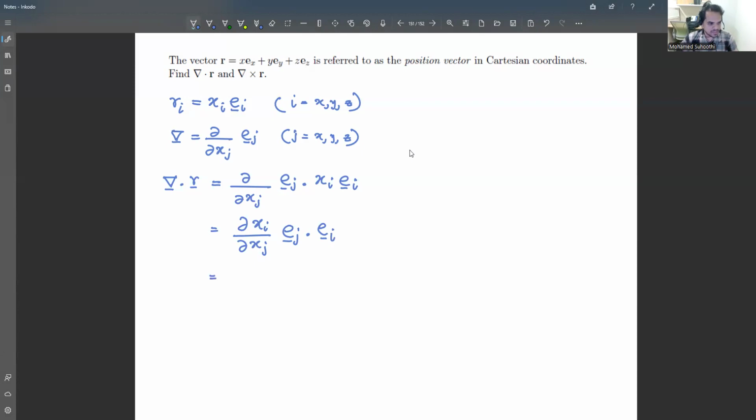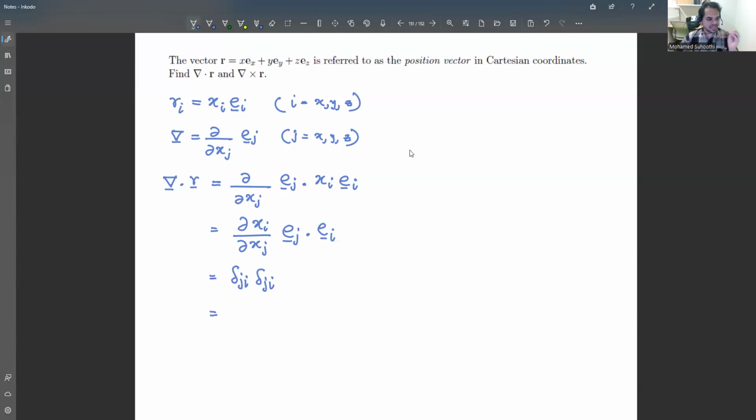Now this one we already discussed. This will be delta ji. I told you I always write the below one first, then the top one. You can write it the other way also because it is a symmetric tensor. So ej dot ei is again the Kronecker delta, ji. This is something we already discussed.